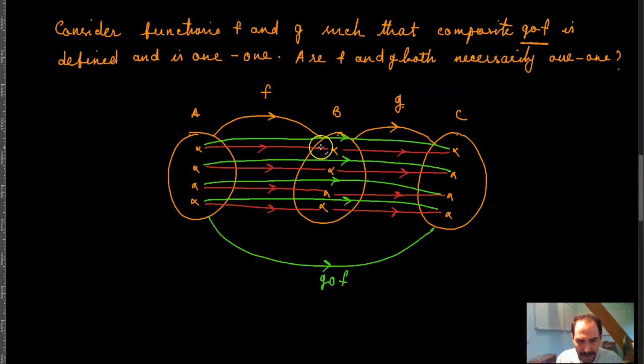Now what we know is that g∘f is 1-1, meaning that every distinct element of A has a distinct image in C. Now, is it necessary for f and g to both be 1-1 so that g∘f can be 1-1?